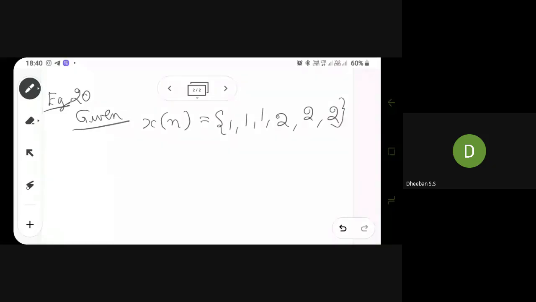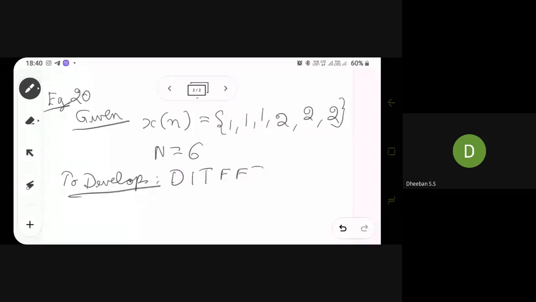Here the number of samples N is 6. They ask me to find, or to develop, the FFT algorithm flow diagram.